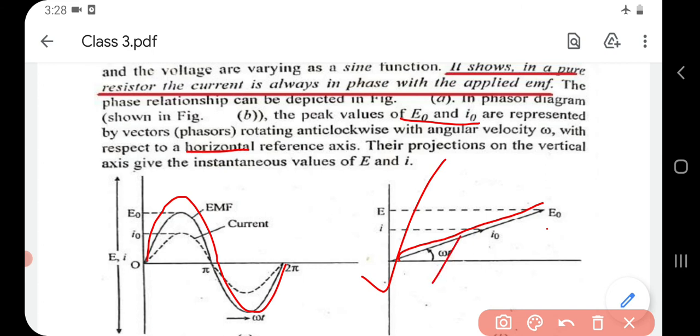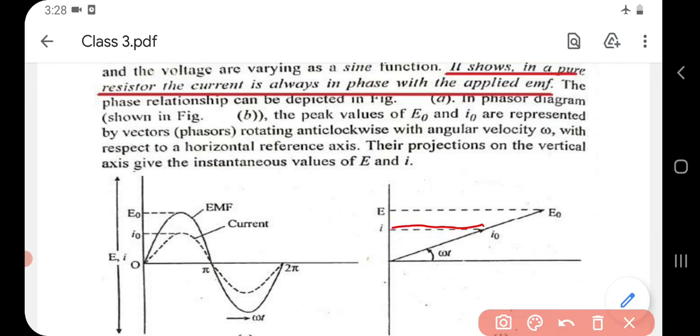It is marked with respect to the horizontal reference axis. Their projection on the vertical axis gives the instantaneous value of E and I. This is the peak value of current and voltage, and their projection on the vertical axis gives the instantaneous value of E and the instantaneous value of I.